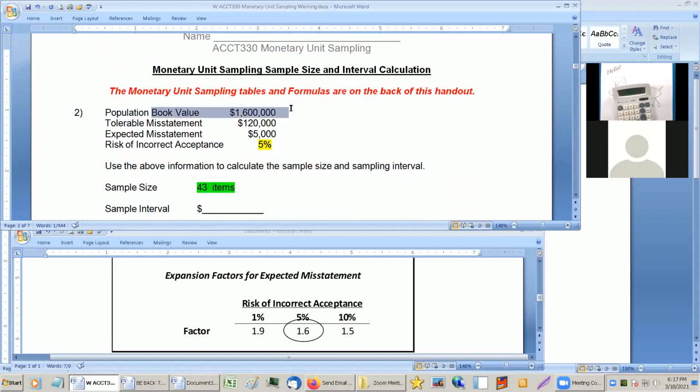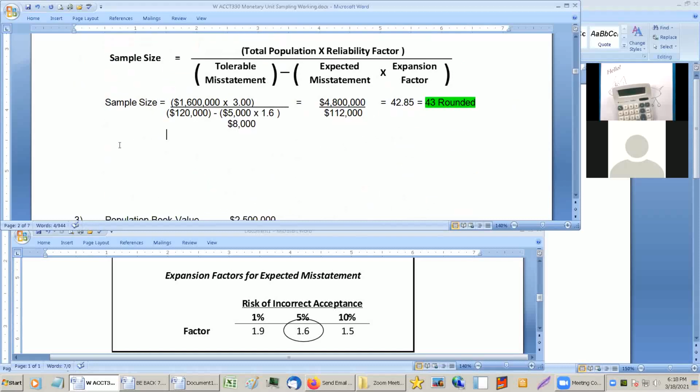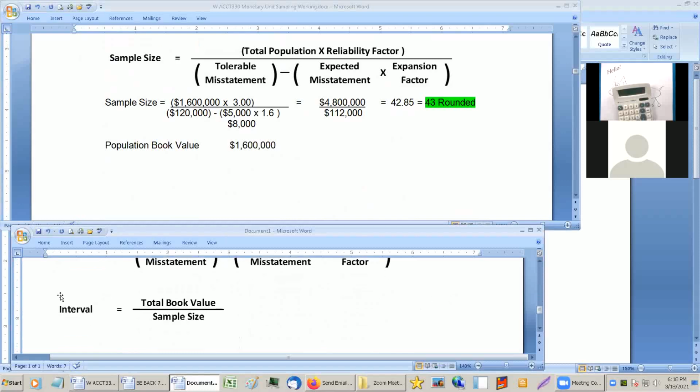By the way, these formulas are also given. This one's also given down here. Try to put that one at the bottom of the page here. The interval.